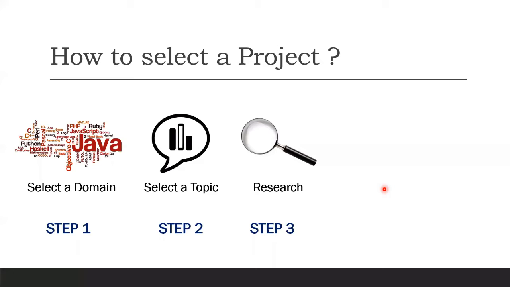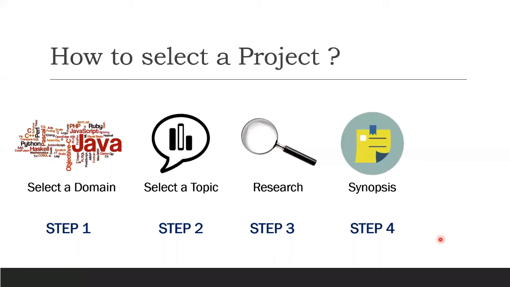Moving ahead, this is step 3, research, and I'm going to talk about all of these topics one by one. Next thing is synopsis. Once you select a domain and topic, you research more about it, and you feel that now you can go ahead and start working on it.